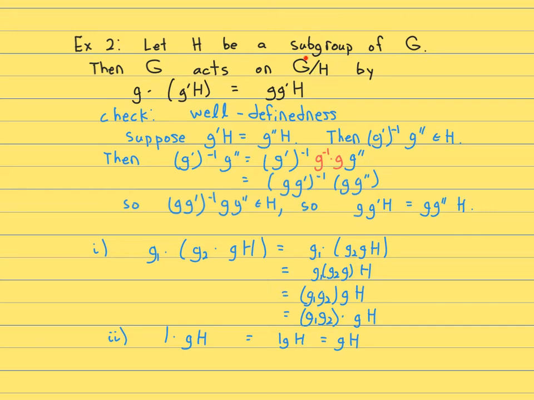Remember, this is the set of all cosets, so good reminder here. That's all things of the form g times H, where g is an element of G. And we remind ourselves what is a coset: things of the form little g times little h as little h runs through the subgroup.